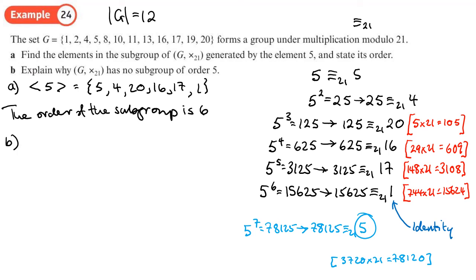And part B, explain why this group has no subgroup of order 5. That's because 5 does not divide 12, and that's Lagrange's theorem, isn't it?